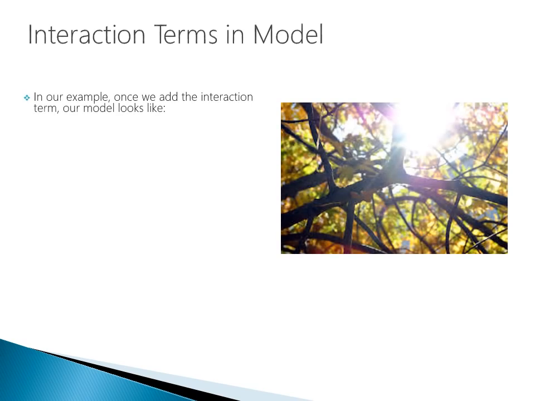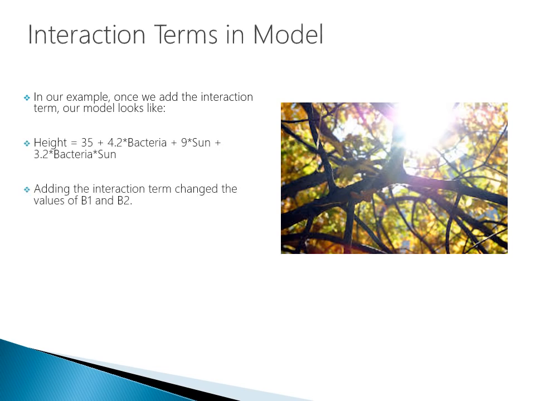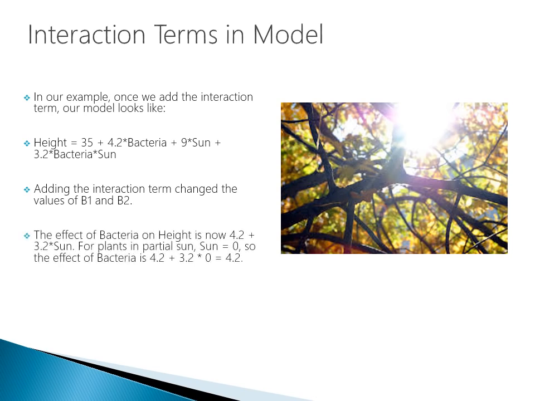In our example, once we added the interaction term, our model looks like the following. Adding the interaction term changed the values of beta 1 and beta naught compared to our original model, and this is completely expected. The effect of bacteria on height is now 4.2 plus 3.2 times sun.